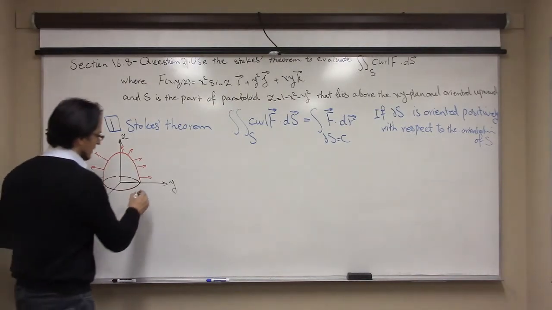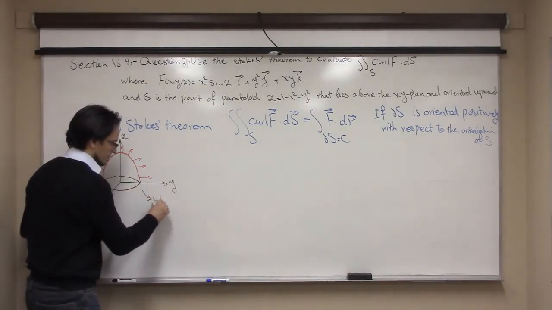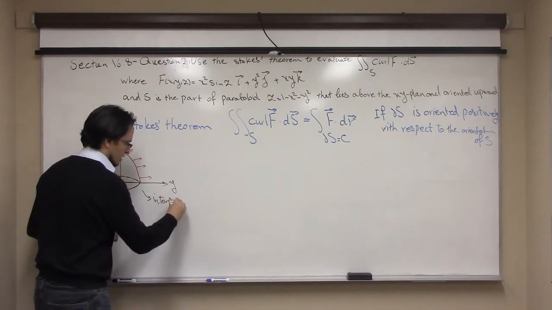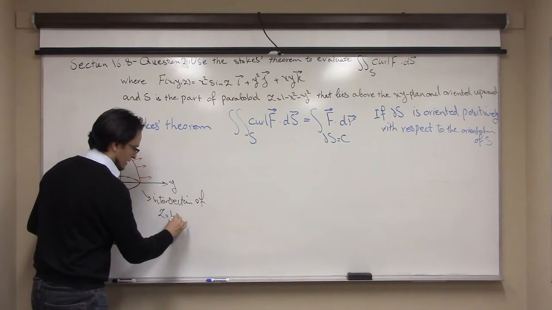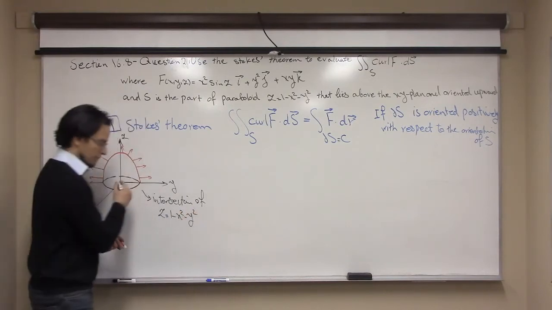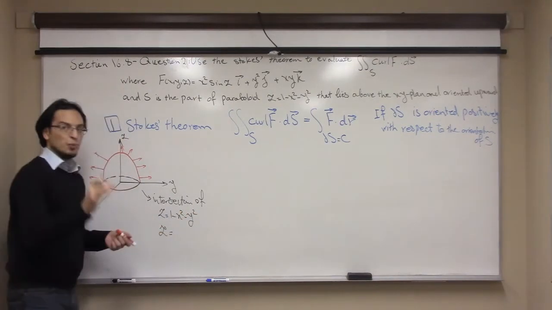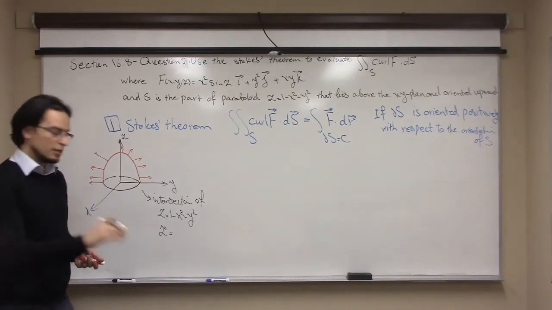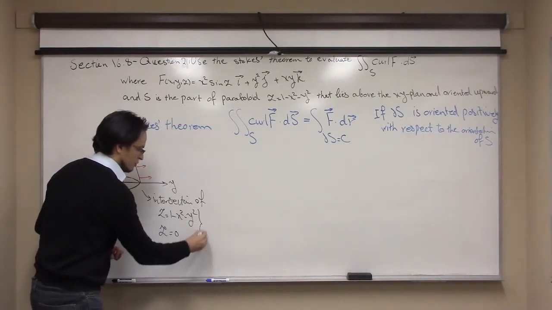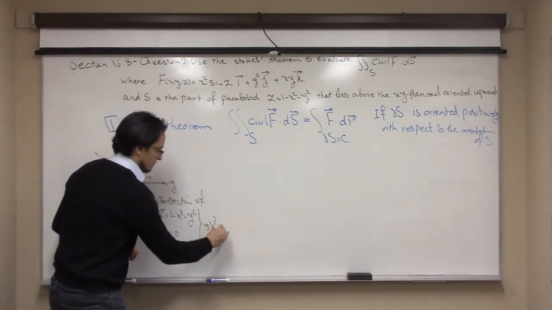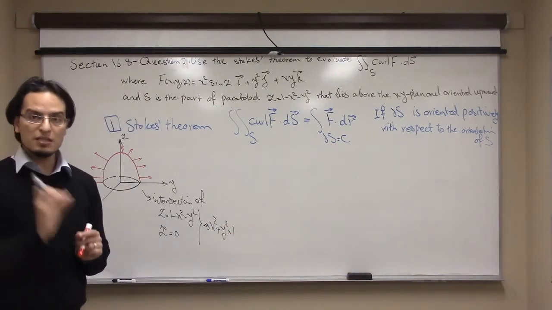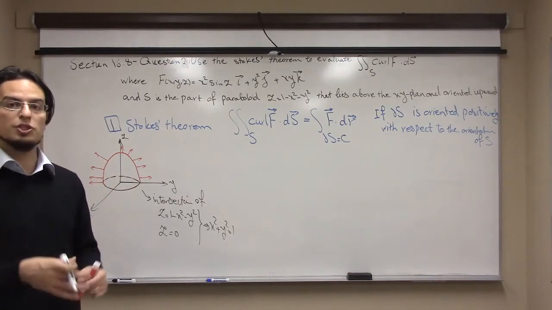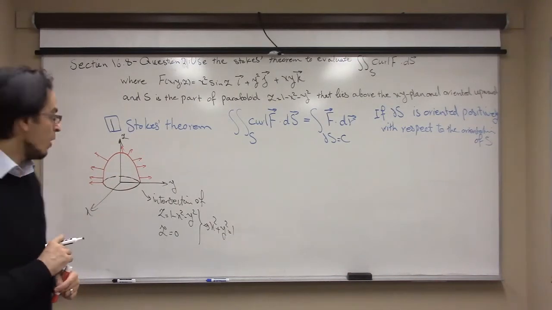And how do you get that? It is the intersection of z equals 1 minus x squared minus y squared, that's the paraboloid, and the xy plane is given by z equal to 0. So you set these two, and then you get x squared plus y squared equals 1. It is a circle. It is the circle centered at the origin with radius 1.